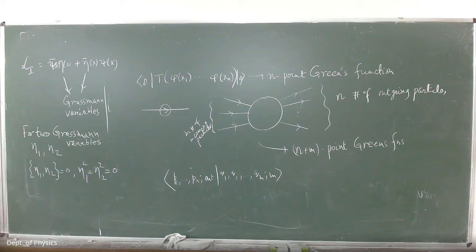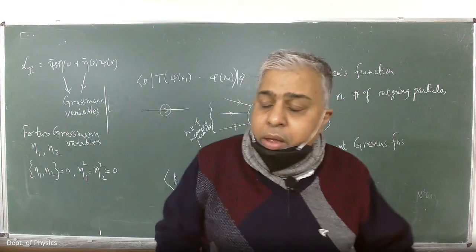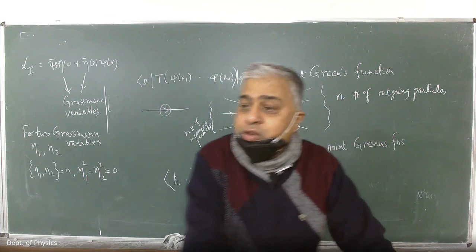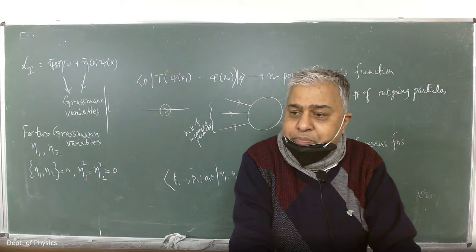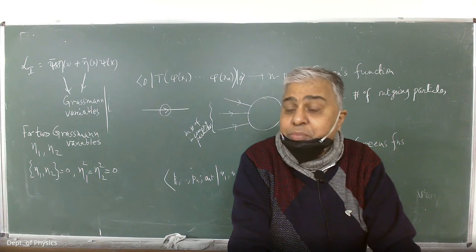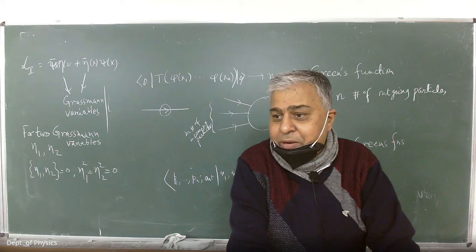So all these processes undergo interference among themselves, and ultimately you take the total probability amplitude, sum the probability amplitudes, and then take the mod square. This gives you the total probability, and from there you calculate the S matrix, the scattering cross section, and things like that.